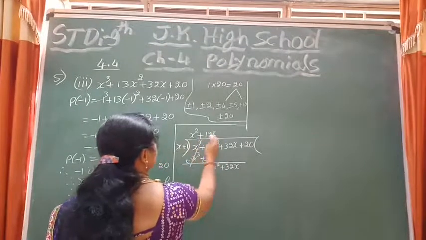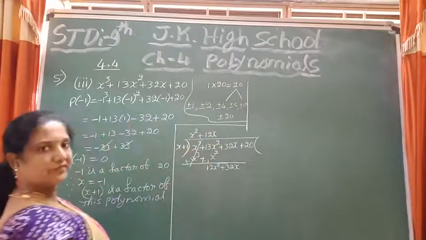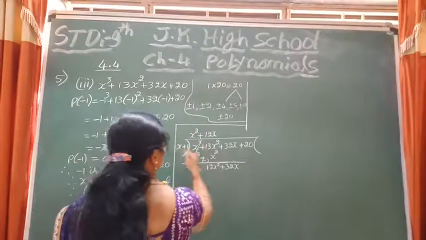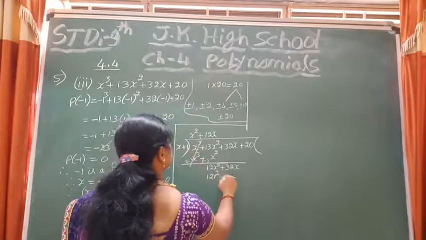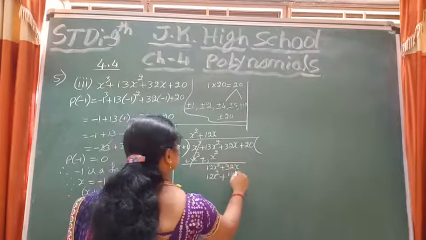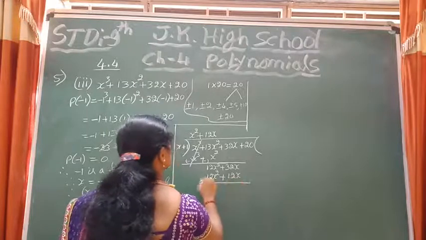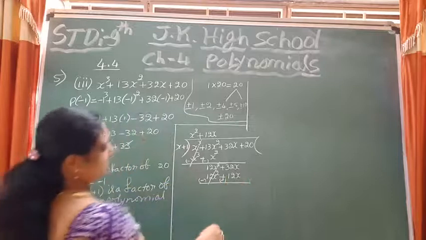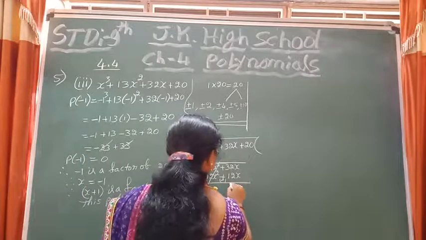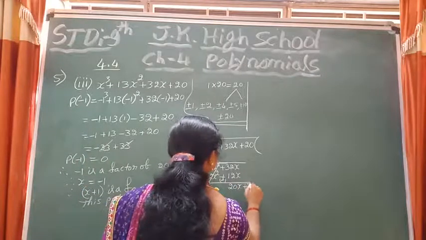So multiply: plus x into plus 12x. 12 ones are 12, x into x is x square. Plus 12x, 12 ones are 12x. Change the sign. Then 32 minus 12 is 20x plus 20.